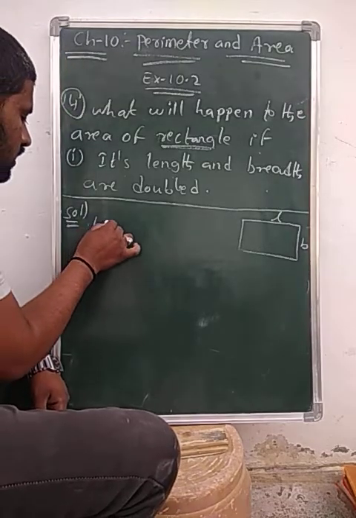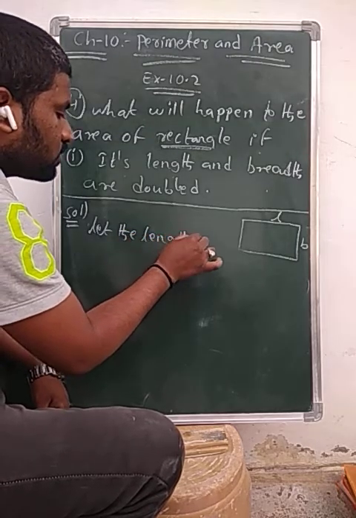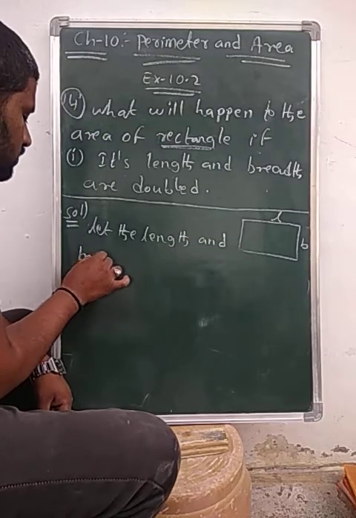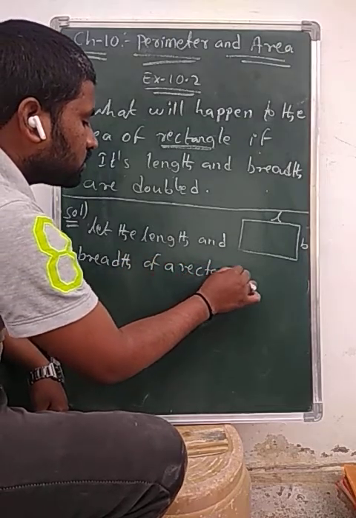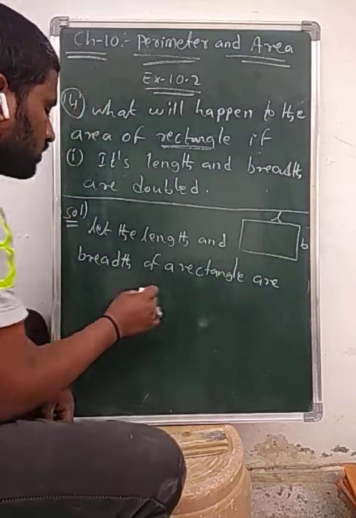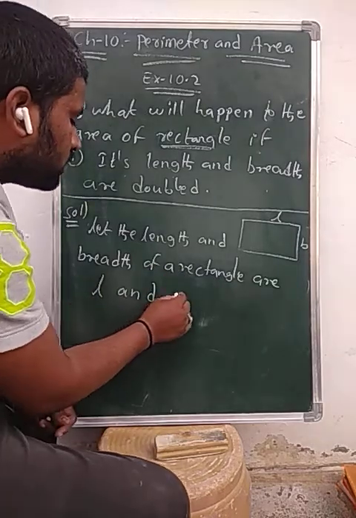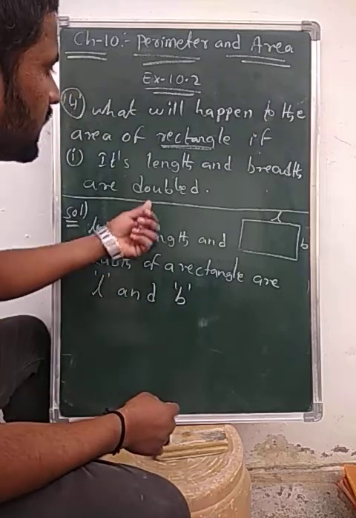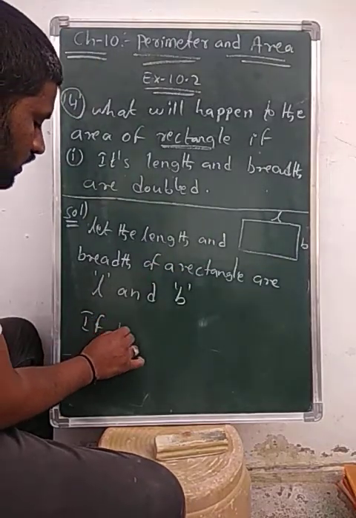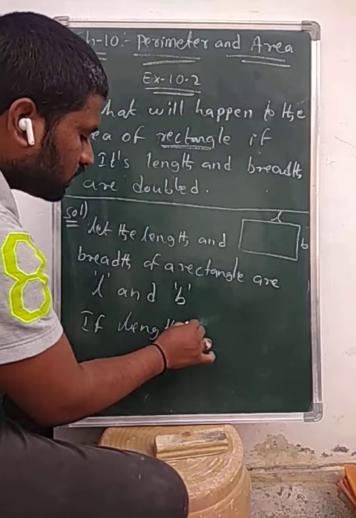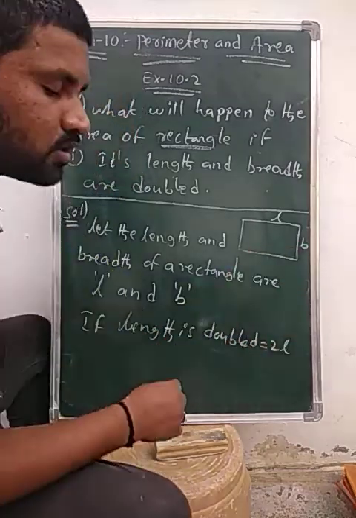Now I'm taking, let the length and breadth of a rectangle be L and B. Length of a rectangle is L and breadth of a rectangle is B. If the length is doubled, what does that mean? 2L.